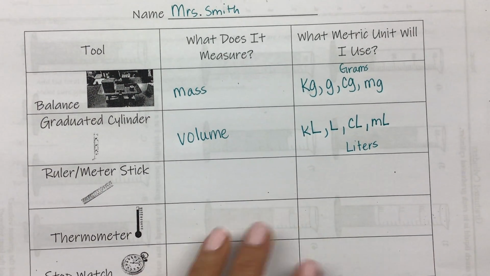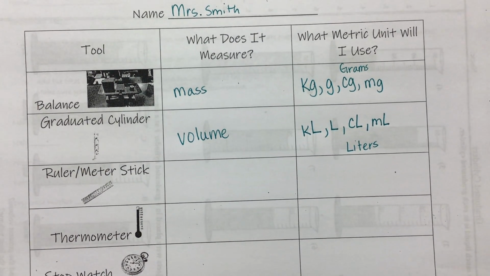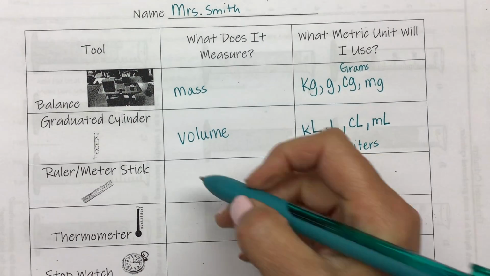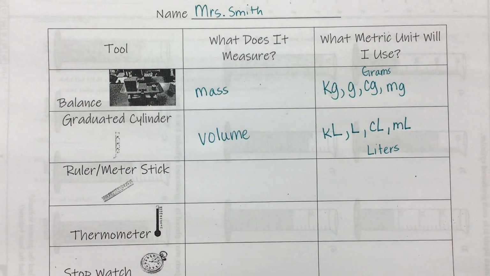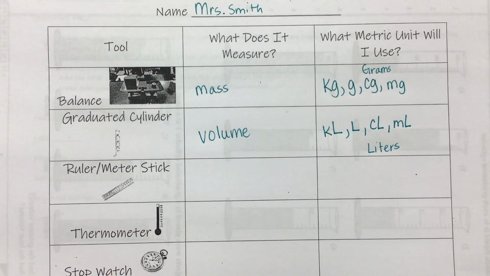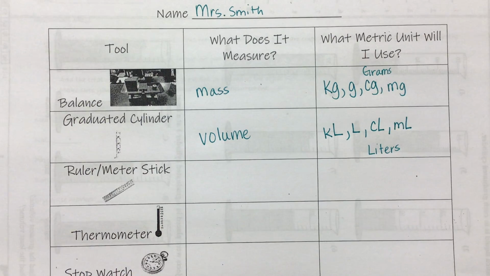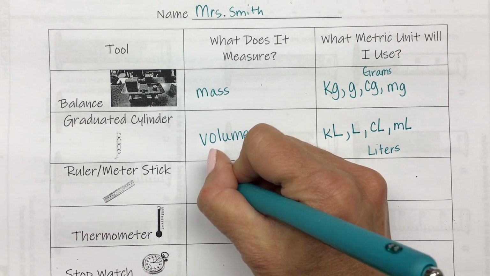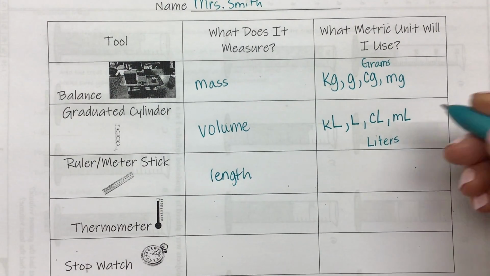What about a ruler or meter stick? What does it measure? Ella? Meter? Well, that might be a unit. Kaden? Length. What's our unit? Ella said meters.